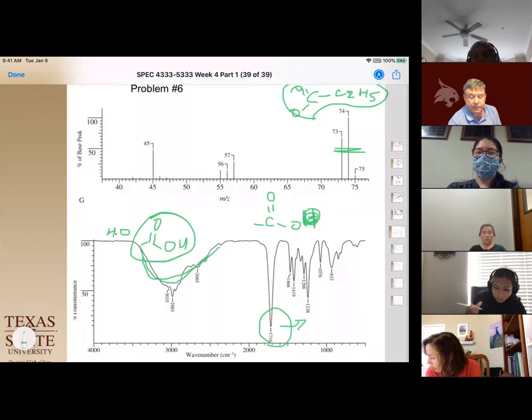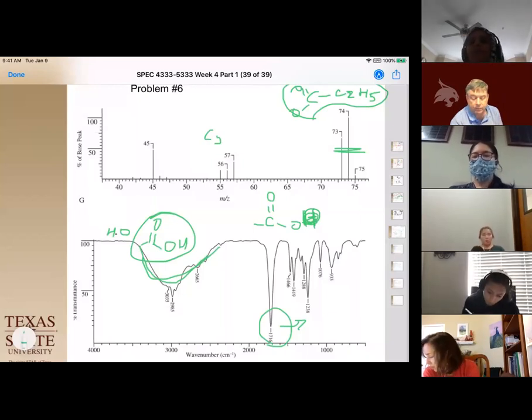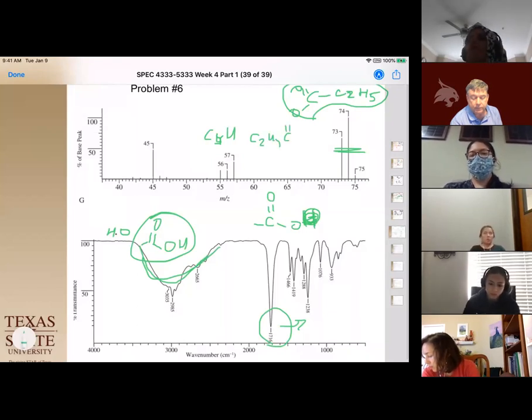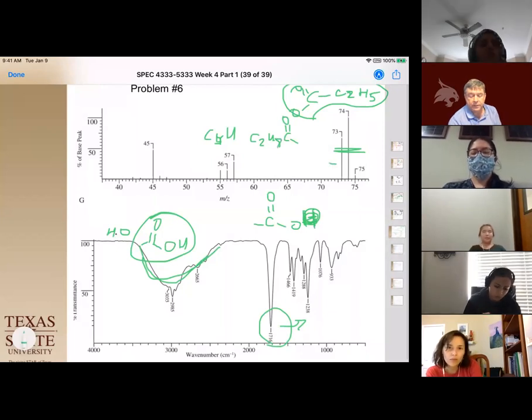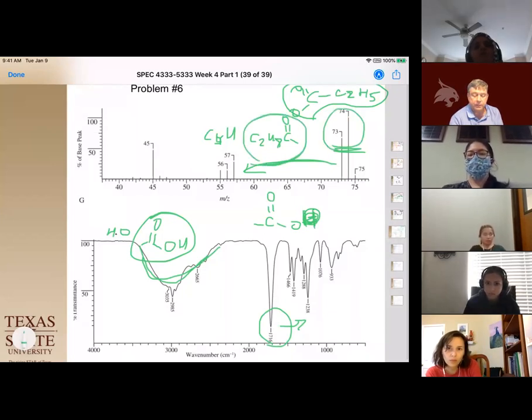All right, so what is the 56, 57 fragment? So these can be C4H9, or C2H5 carbonyl. So this would be just the loss of an oxygen to go from this fragment here to this fragment here.